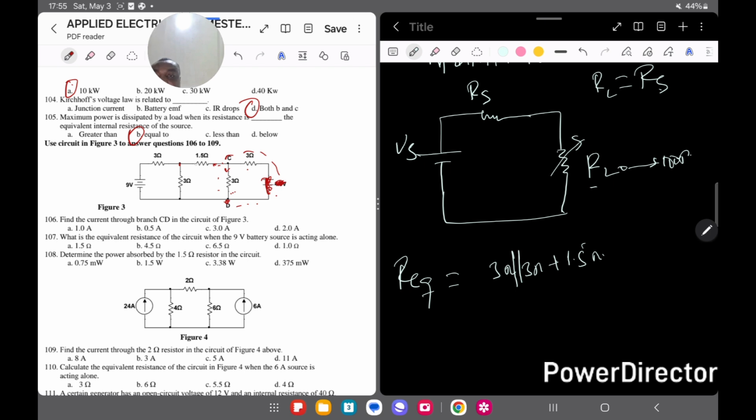Then when you look at the connections, this part is in parallel with 3 ohms here, so I put all this into brackets, in parallel with 3 ohms. Now the whole of this part is in series with 3, so plus 3 ohms here.